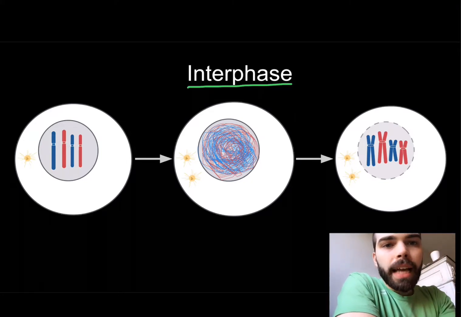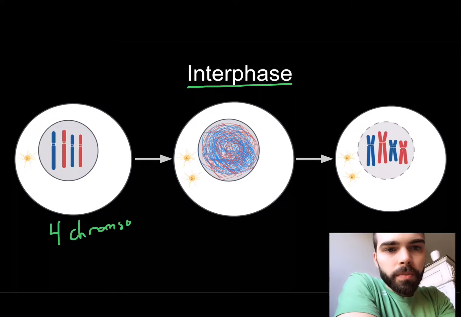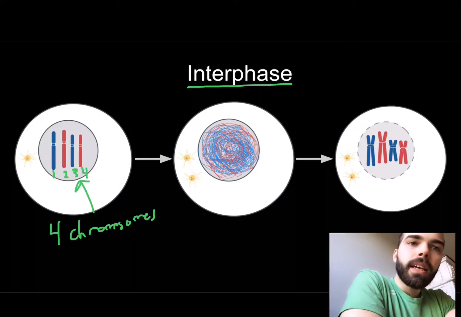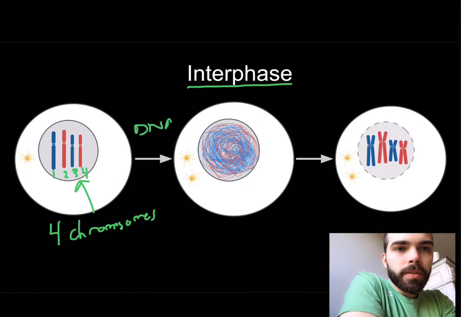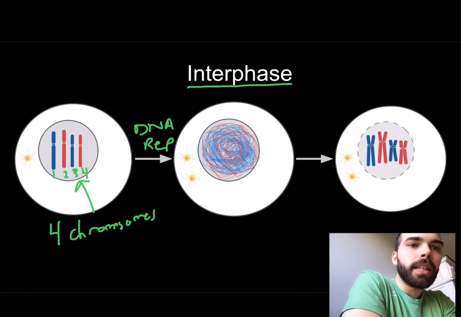And if you look inside this cell, we have 4 chromosomes to begin with. 1, 2, 3, 4. Now, we're going to go through DNA replication. The DNA is going to unwind.